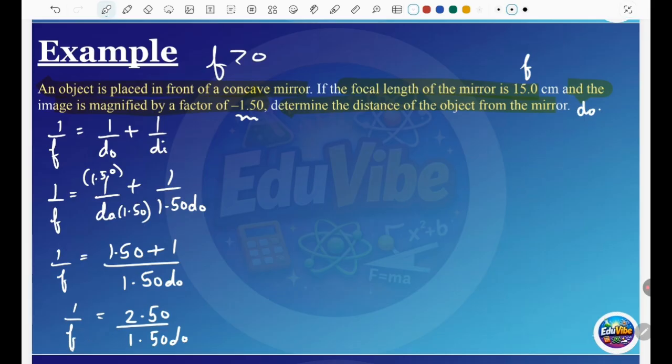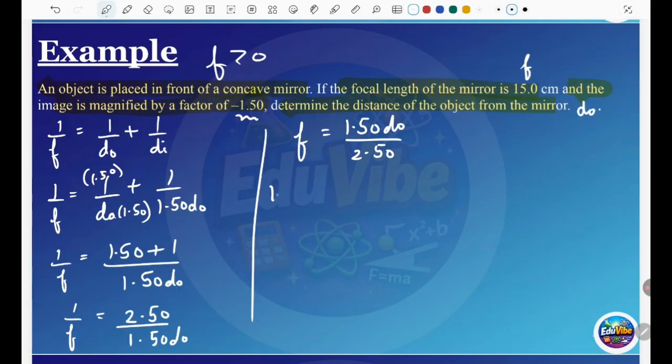So 1 upon f is 2.50 upon 1.50 DO. Now if you flip the reciprocal of f, you get f, and you also do the reciprocal of the right-hand side too, because if one is reciprocal, the other also must be reciprocal. So you get 1.50 DO upon 2.50, and you have to isolate the DO from this.